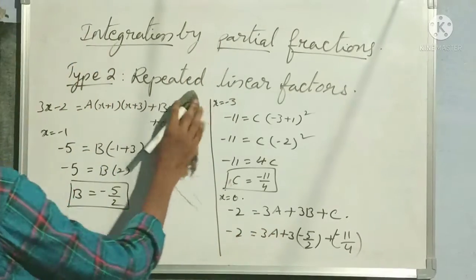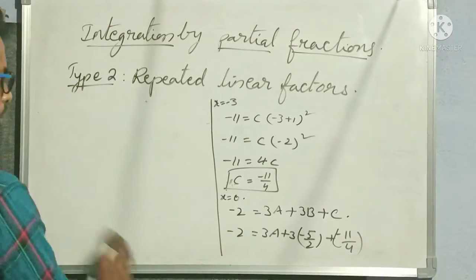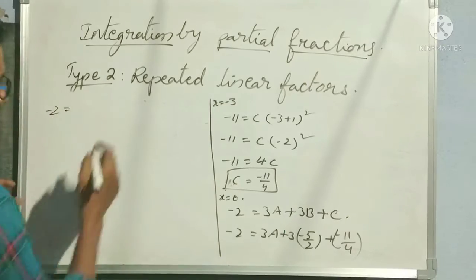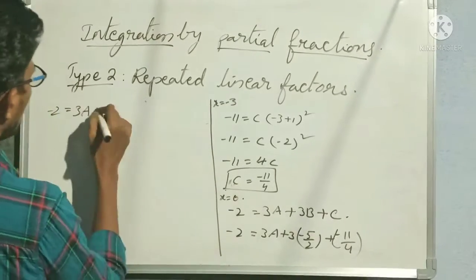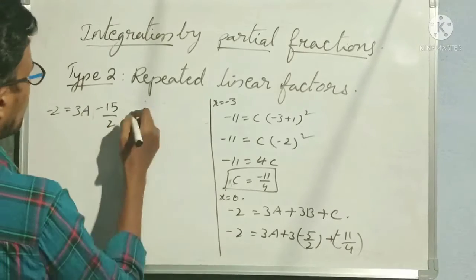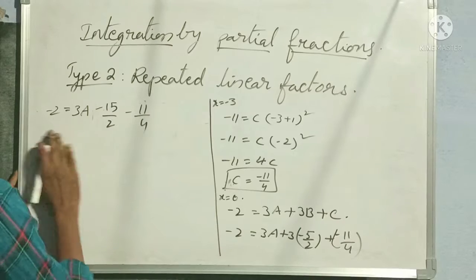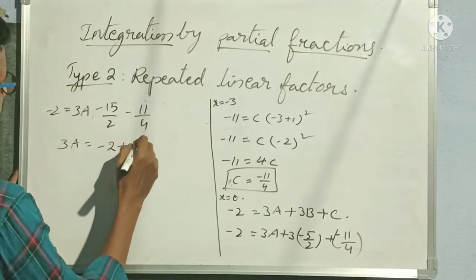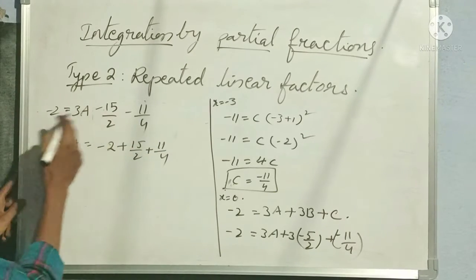Now, minus 2 is equal to 3a plus minus 15 by 2 minus 11 by 4. So first let us find 3a. So 3a is equal to minus 2 plus 15 by 2 plus 11 by 4. If I take it across, minus becomes plus, so plus plus.